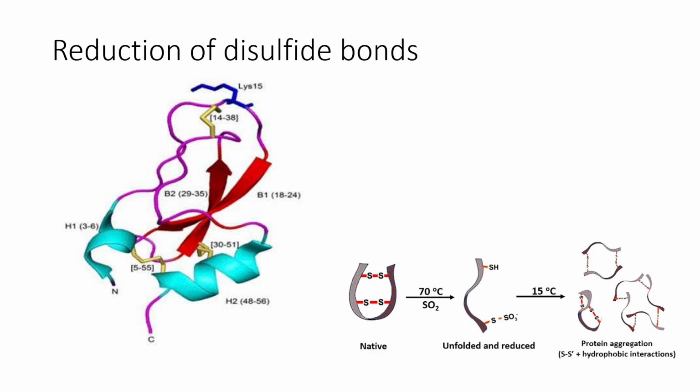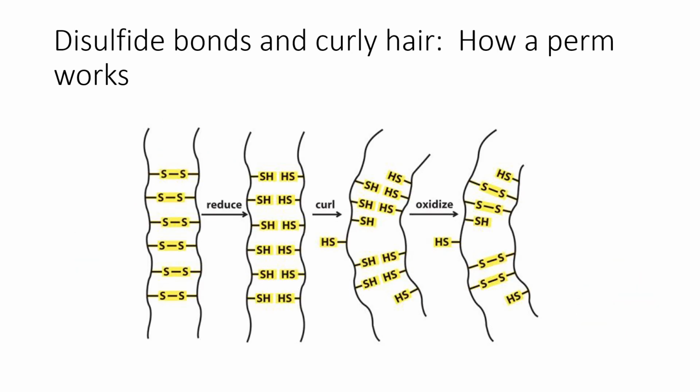Somebody in biochem: more bonds to hydrogen. More bonds to hydrogen, right. If you make more bonds to hydrogen, that's more reduced. Simple rule for that: more bonds to hydrogen is reduced, more bonds to oxygen is oxidized, and vice versa for both of those. So we could end up with a reduction of those disulfide bonds.